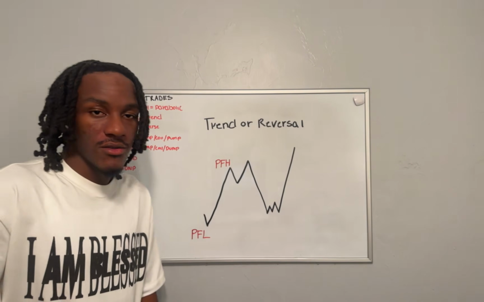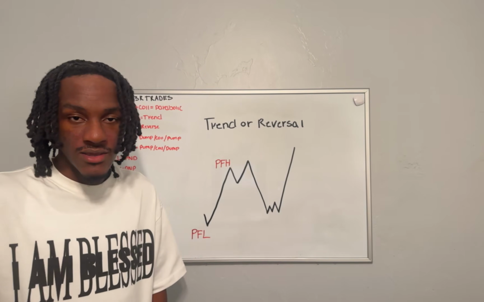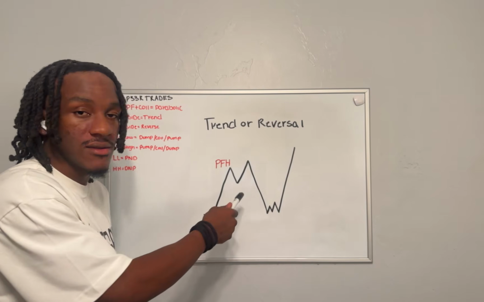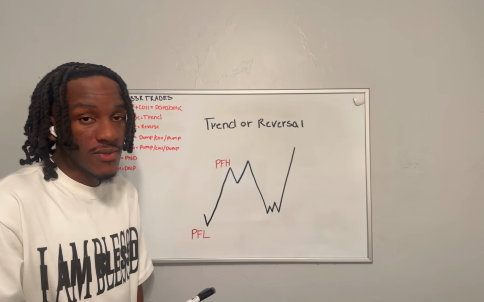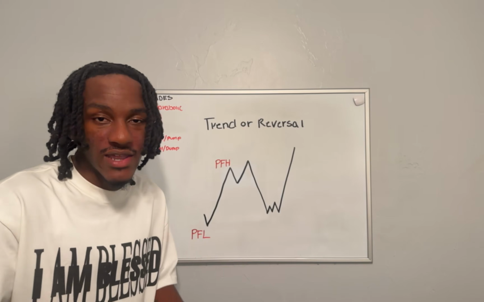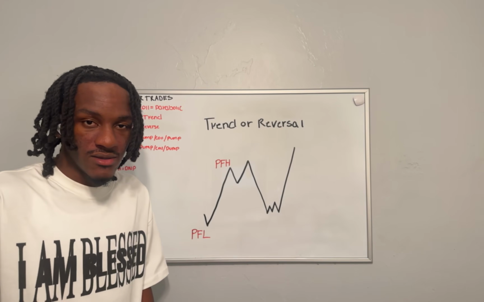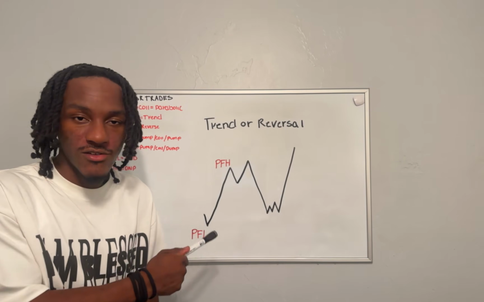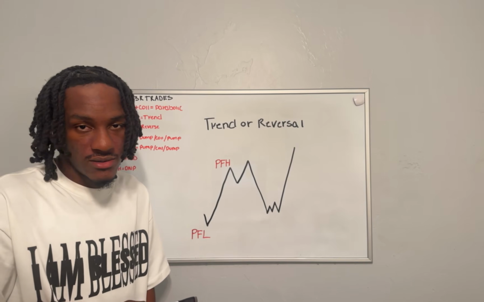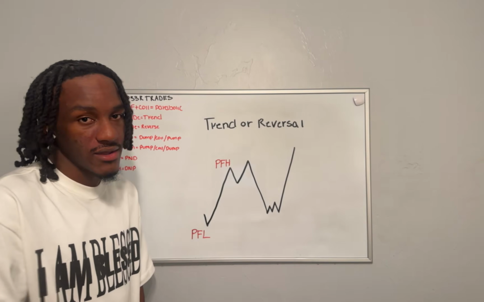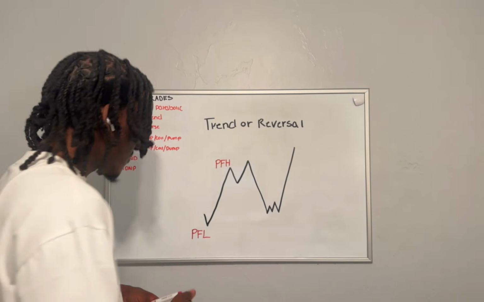Typically, this will be on the front side of a week. They will break the front side of the day oftentimes, inducing traders to go short so that they can pop them back up in the long direction.